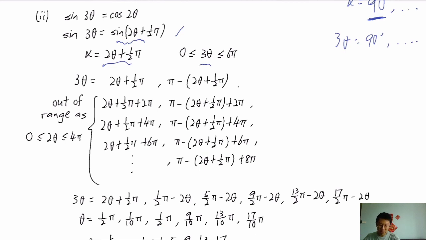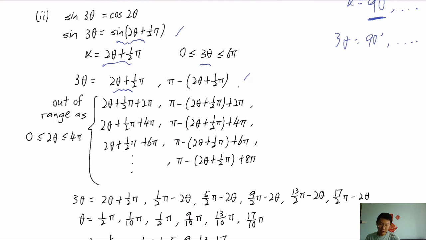This is our alpha, the basic angle, which is 2θ + ½π. To get the next angle, which will be in the second quadrant, we use π minus the basic angle.